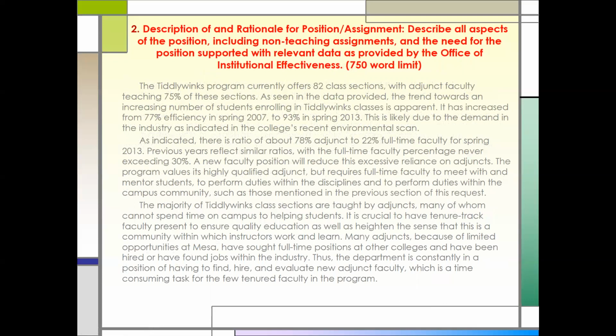Okay, here's another example, and what do you see as the difference in this one? So I see a lot stronger use of data, right? And that data is nicely correlated with the arguments that are being made. When you look at your ratio between adjunct and full-time, you connect the new position to how that position would affect the current ratio.